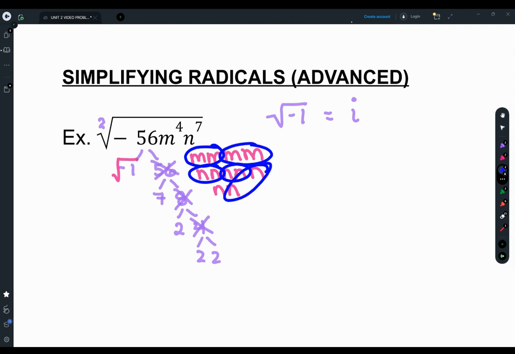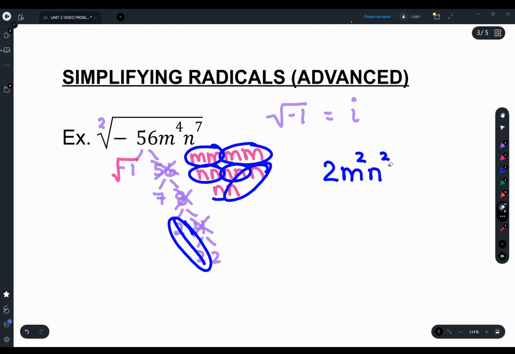And we're looking to see what we have left over. We have 2 2's. So as we're looking again, we know a couple things. We've got a 2 from here that we can take out. We have 2 groups of m. We have 2 groups of n. Oh no, we have 3 groups of n. Let me fix that. So we have 2 groups of m, 3 groups of n.